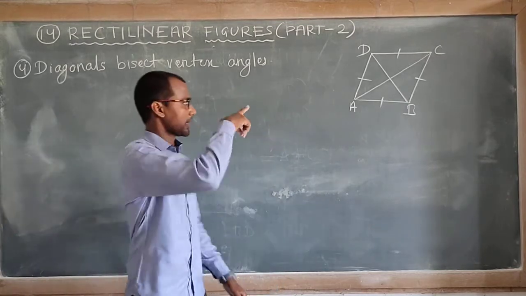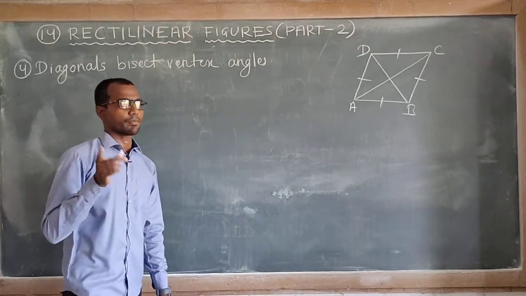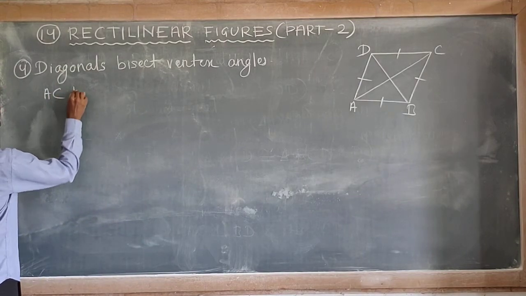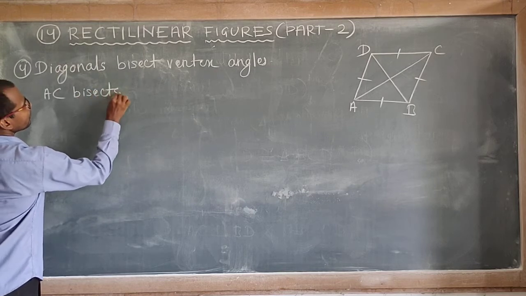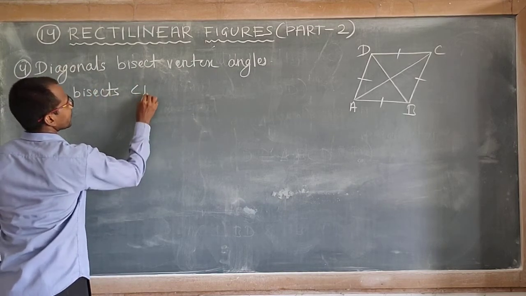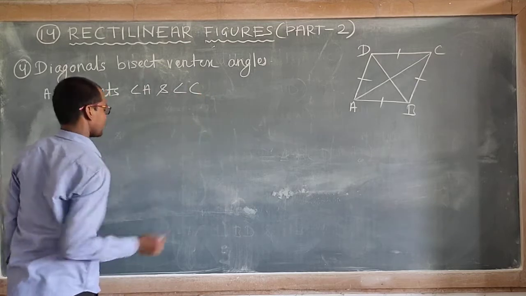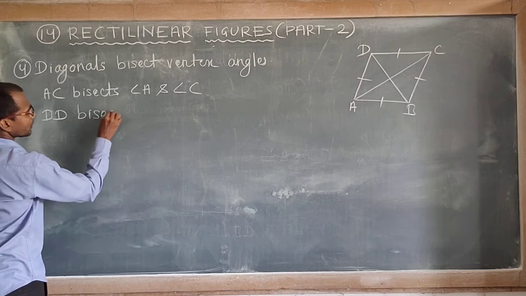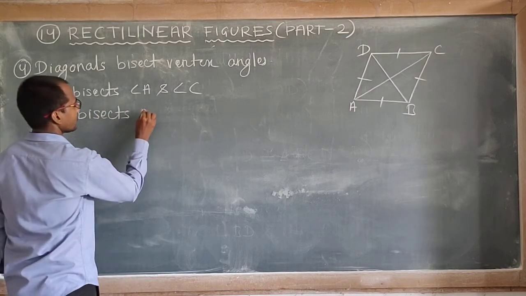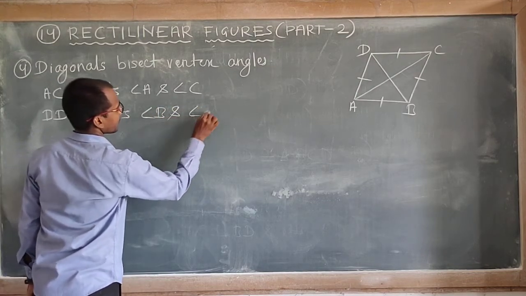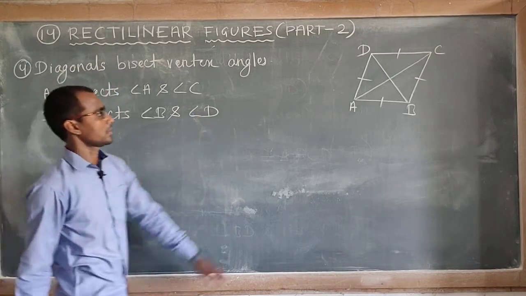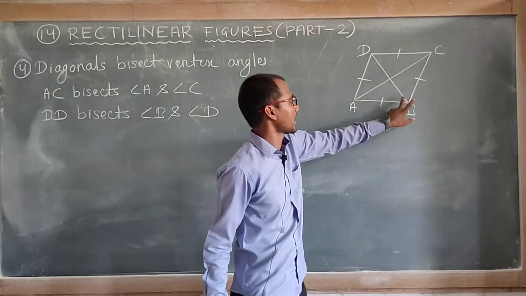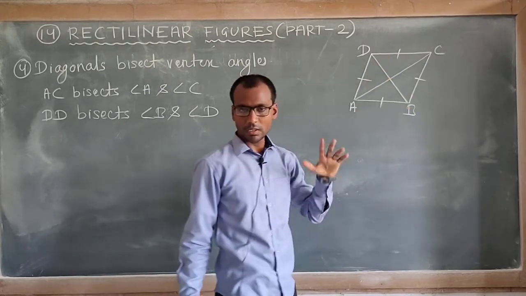This is an extra property in case of a rhombus. The vertex angles are bisected. Okay. That means AC bisects angle A and angle C. BD bisects angle B and angle D. Okay. So this angle will be equal to this angle. This angle will be equal to this angle. This angle will be equal to this angle. These two angles will be equal.